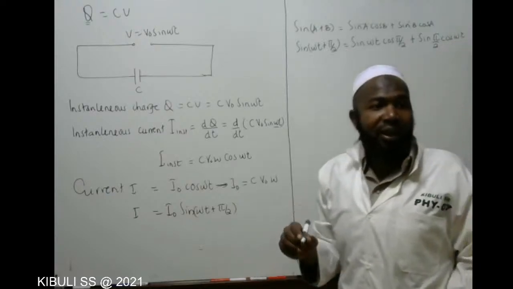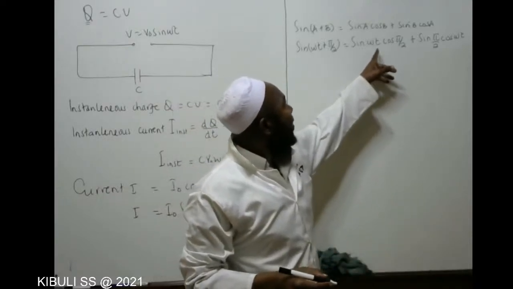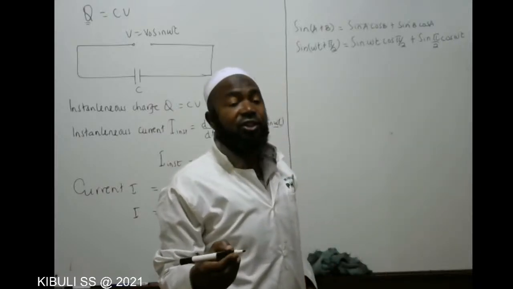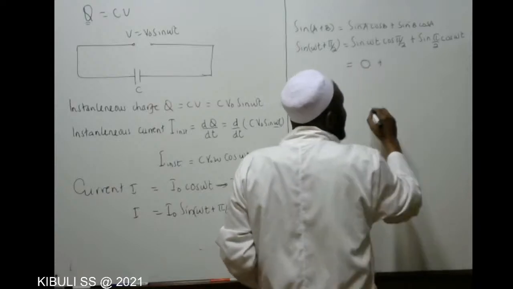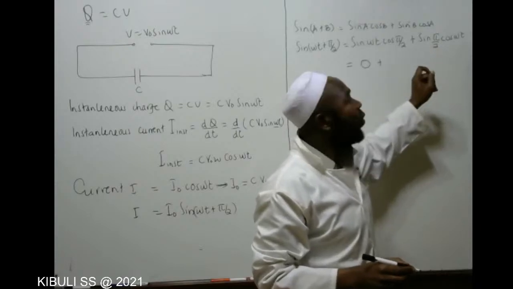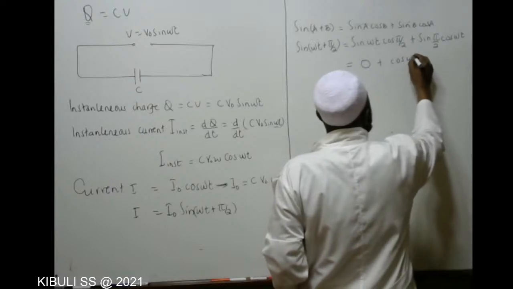Now we end up realizing that cos pi over 2, which is cos of 90, is 0. So the whole of this one turns out to be 0. Plus sine pi over 2, sine 90, is 1. And therefore the expression remains cos Wt.